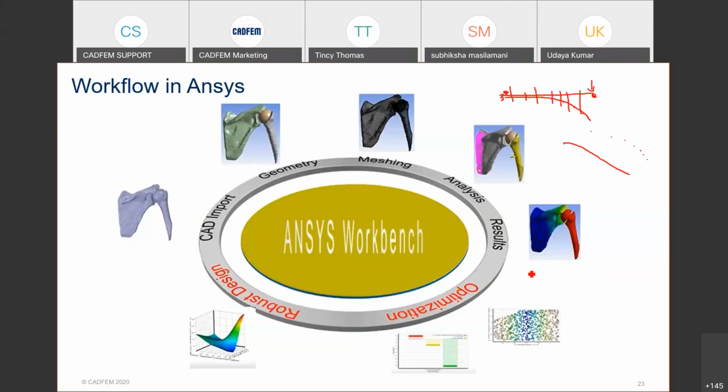Suppose say you want to try out different parameters, different thickness, different dimensions. You can just mention that this is a parameter for this. I want to try out 4 or 5 dimensions, and through the single workflow, the ANSYS simulation will be doing the simulations. You don't have to interfere. Automatically, all the parameters will be checked, and you'll be able to get the output result for all the parameters.